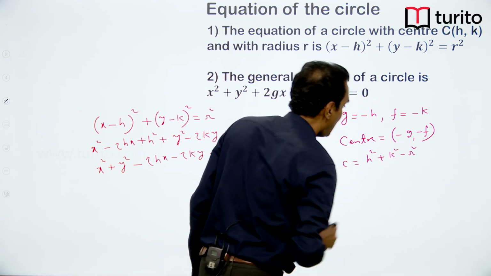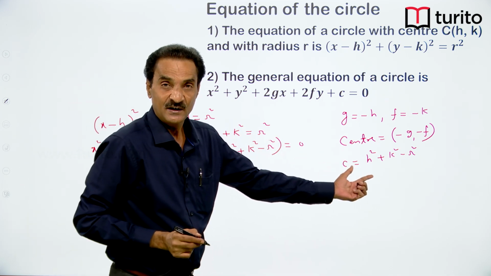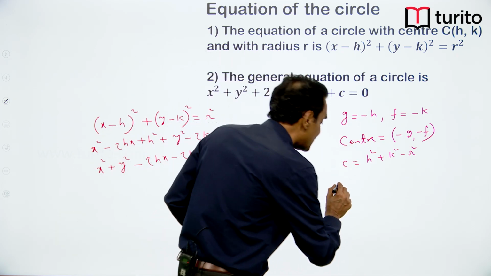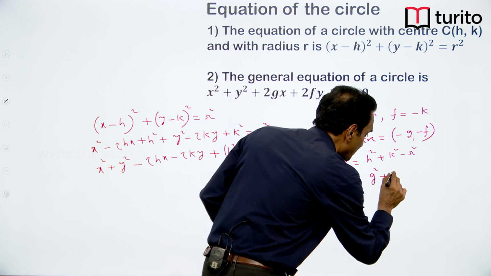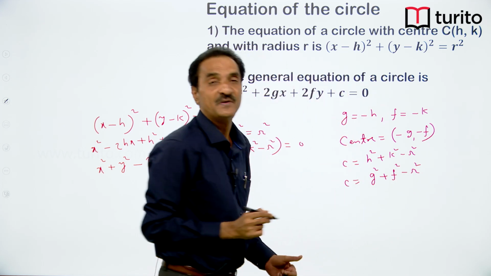Now, if you compare the constant term, c is equal to h square plus k square minus r square. Now, substituting h and k as minus g and minus f, you will get c is equal to g square plus f square minus r square.